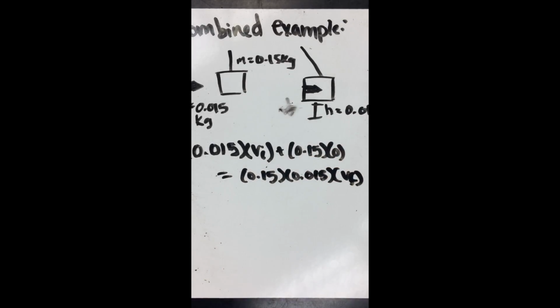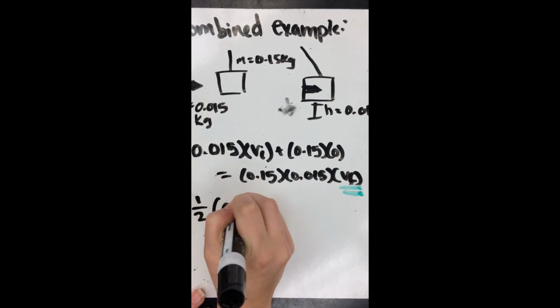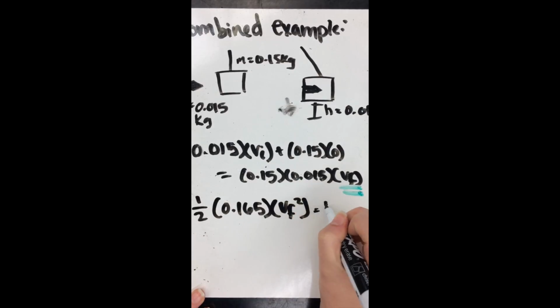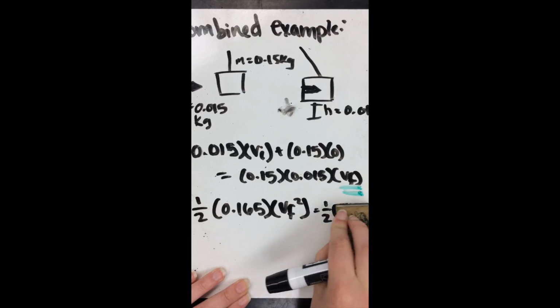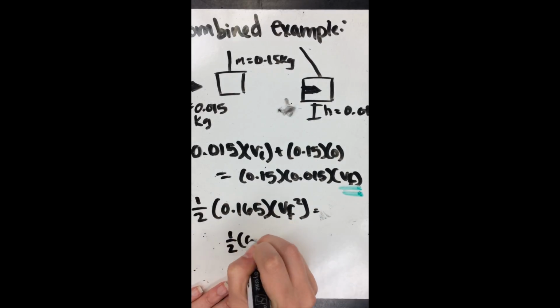Now, to find Vf, we're going to use the conservation of energy equation. So, the final kinetic energy of the bullet and the pendulum will equal the initial potential energy of the pendulum and the bullet. We get the 0.165 from the addition of the mass of the pendulum block and the mass of the bullet.